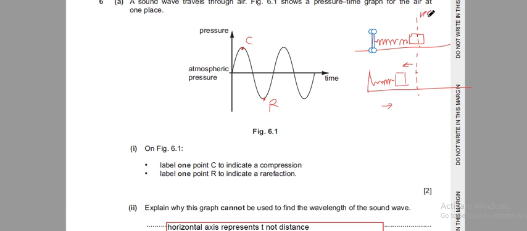Here is the rest position where the spring has its normal or original length. So when you start from rest position, you reach the maximum compression which the spring can bear, and after that the spring will start to return to rest.